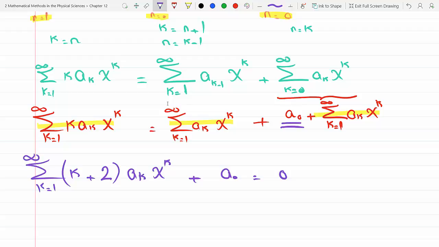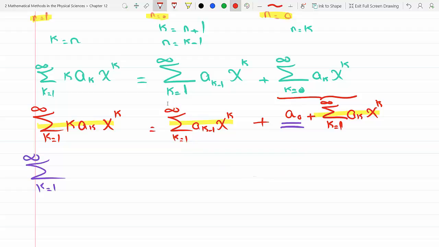Okay, oh, oops, wait one second, we made a mistake here. I apologize, this is k minus 1. No, it's not the same. So let me take this back here. I just miswrote it, because we changed to k minus 1.